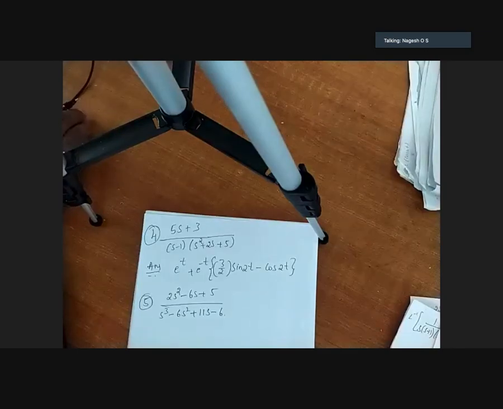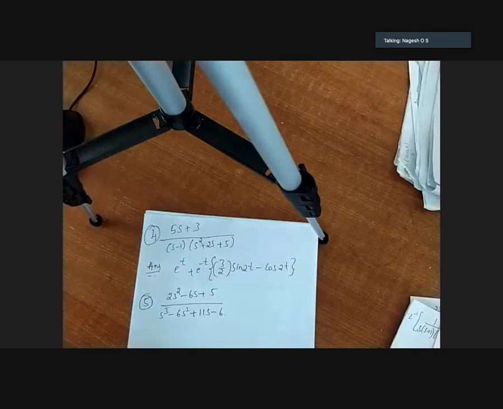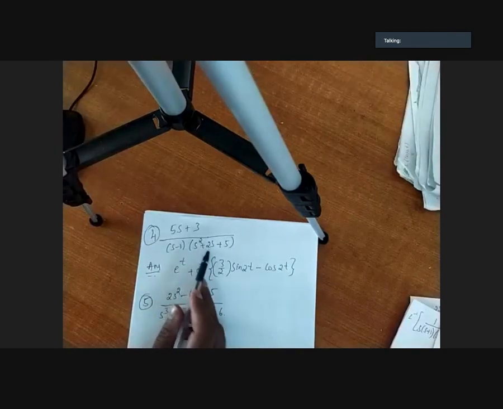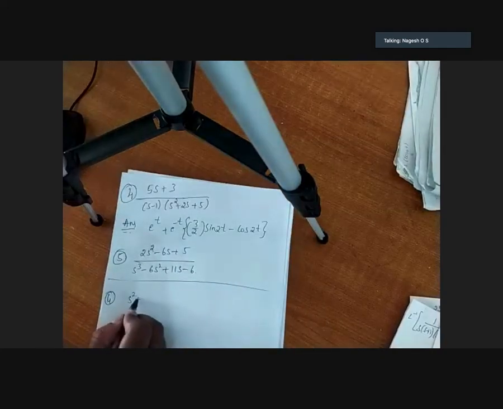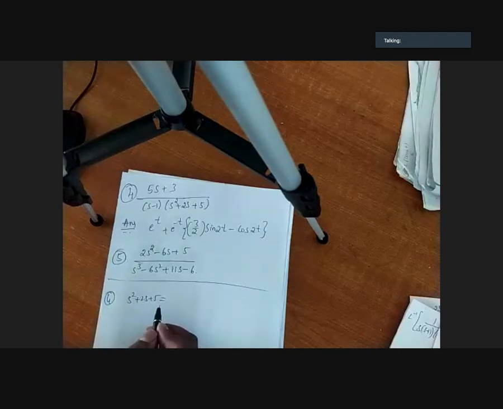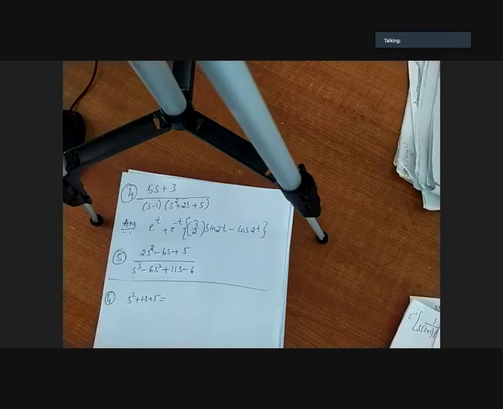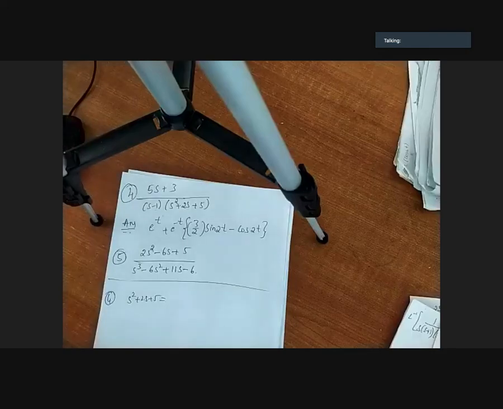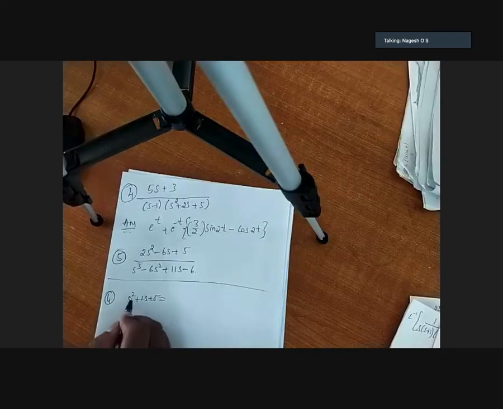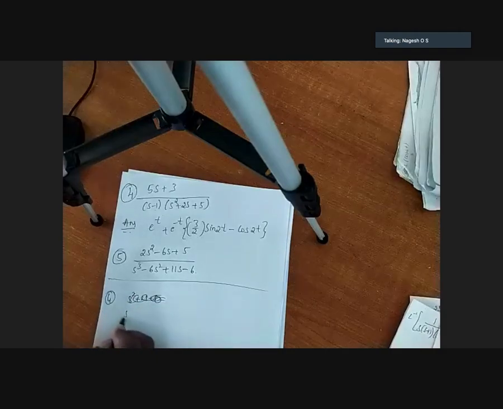First thing is, fourth one, s square plus 2s plus 5. Is there any way to express this as whole square? No, you can't express this or factorize this.